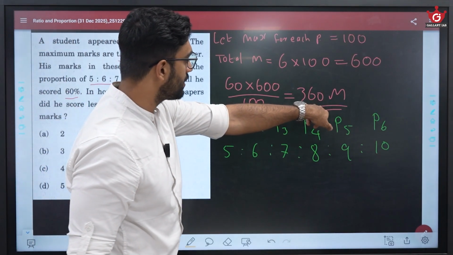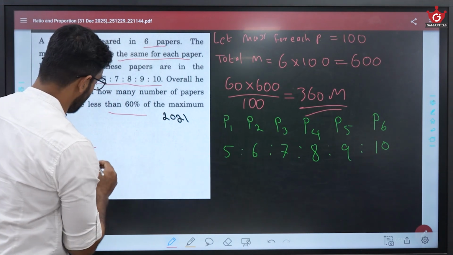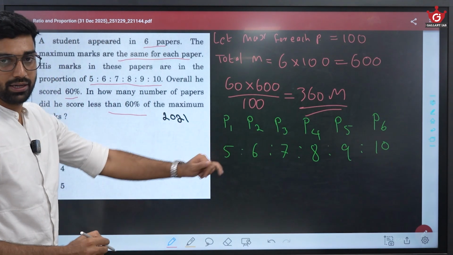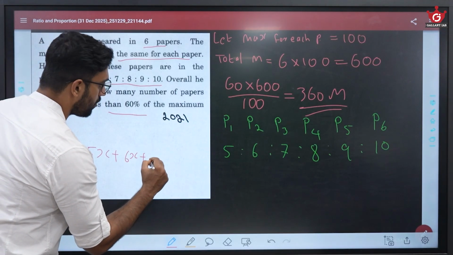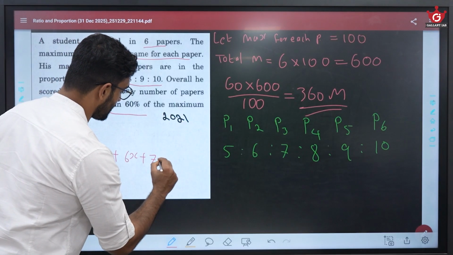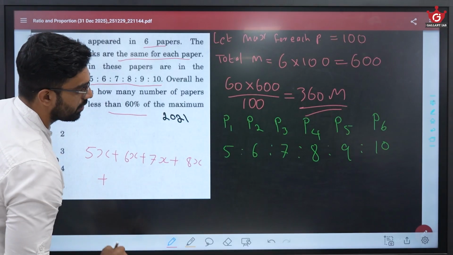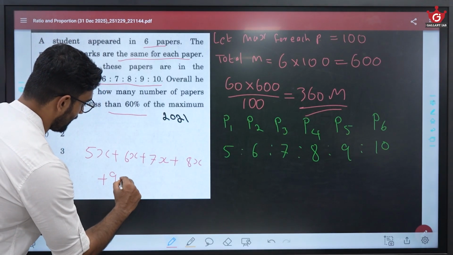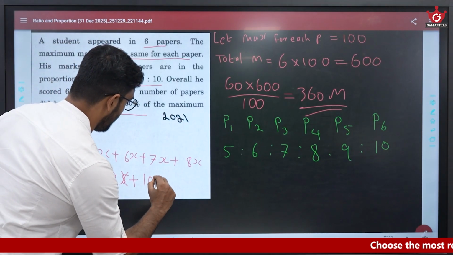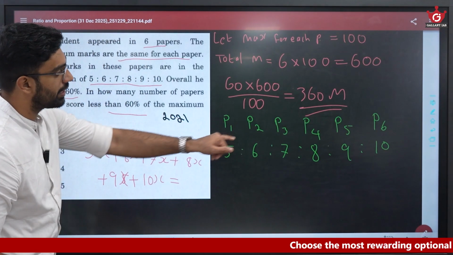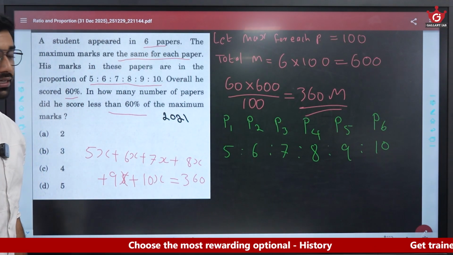We know that the total mark he scored is 360. So we take 5x for P1, 6x for P2, 7x for P3, 8x for P4, 9x for P5, and at last 10x for P6, which adds up to 360.